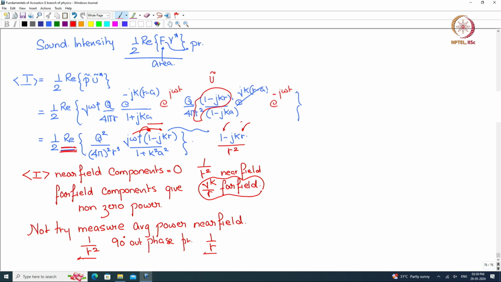So 1 over r is buried in your measurement, and you will have an error. If you are trying to measure average power, you should be in the far field. That is what this says.